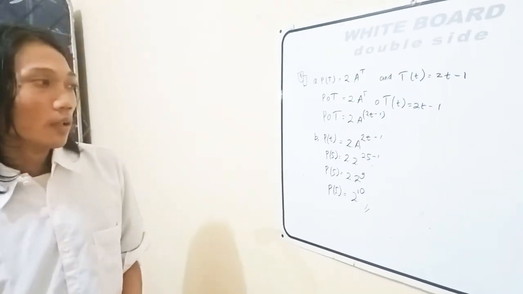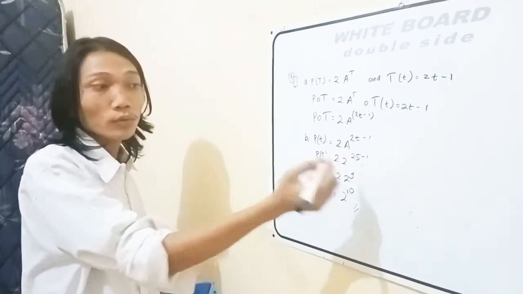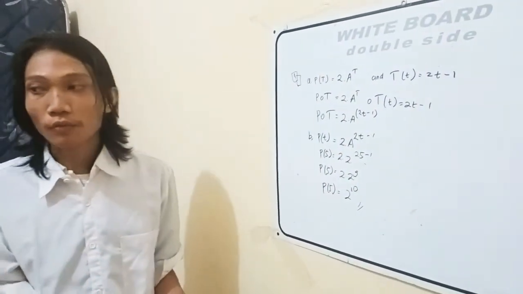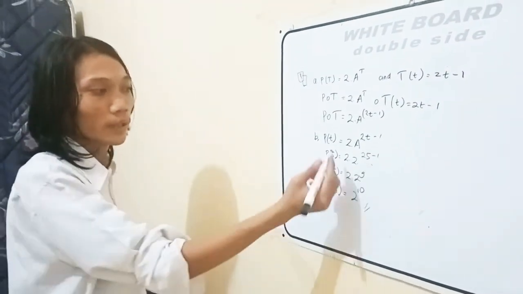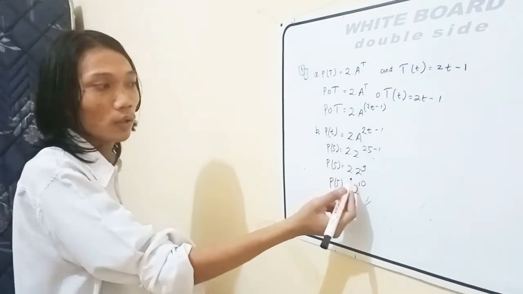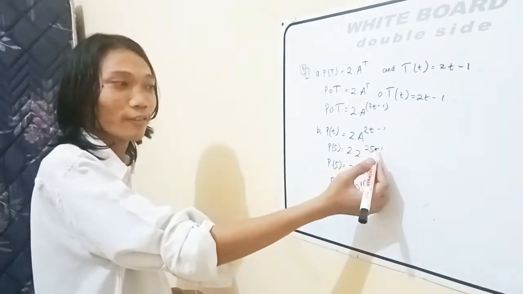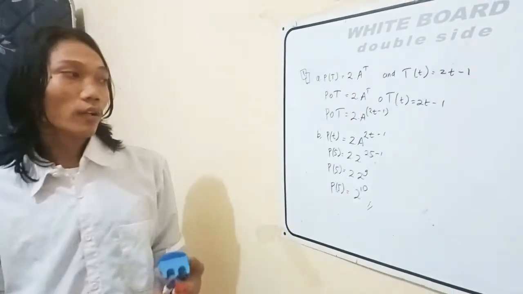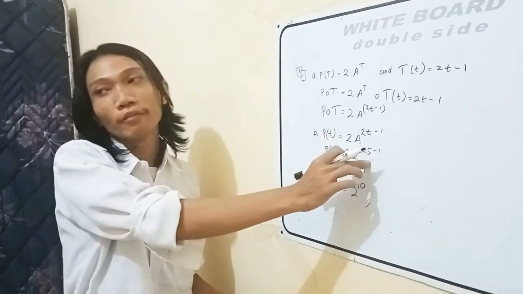From the problem, we know that a is equal to 2 and t is equal to 5 because the time is 5 seconds. So we can get P(5) is equal to 2 times 2 to the power 2 times 5 minus 1. We only substitute a by 2 and t by 5.